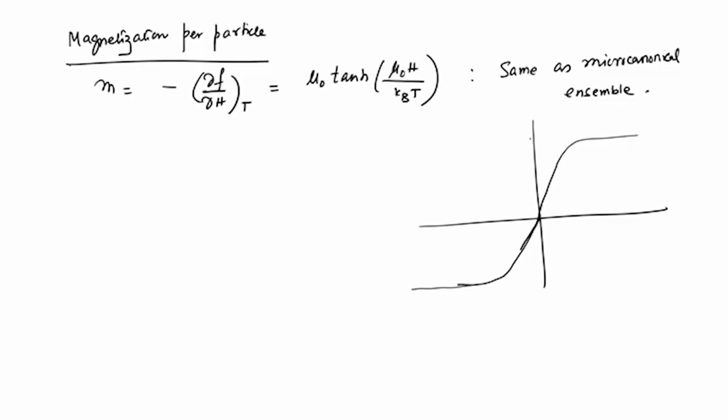Okay. So, this is like the mu 0 h and this is the minus mu 0 h. So, this m as a function of mu 0 h by k t and so on.